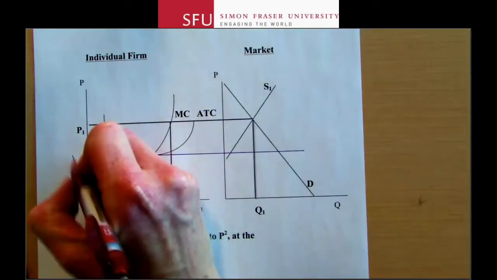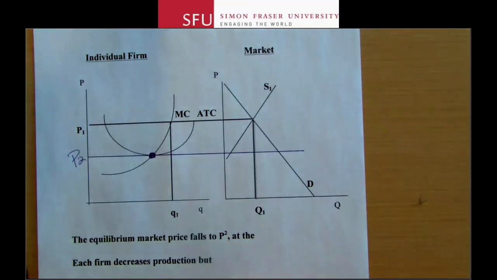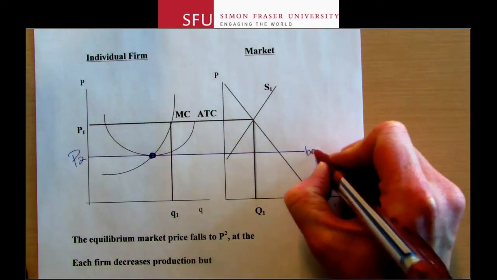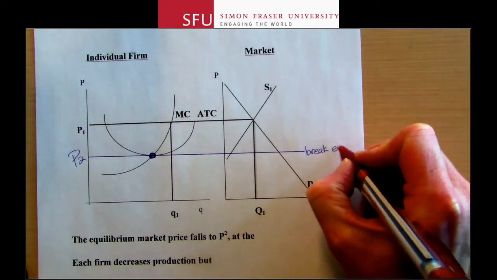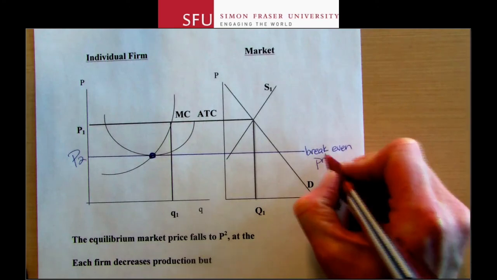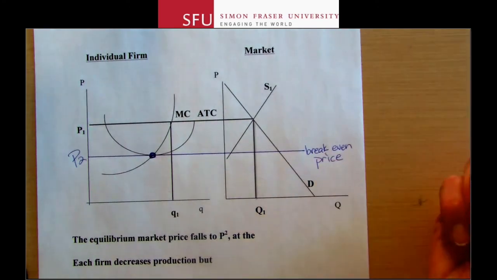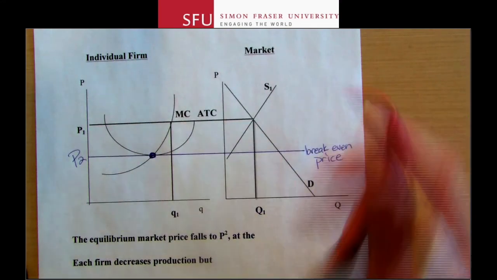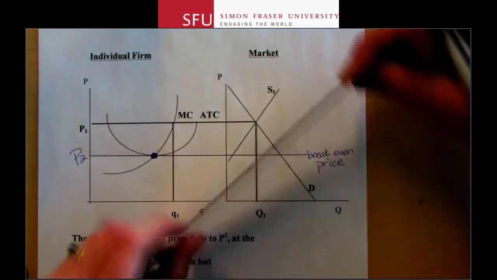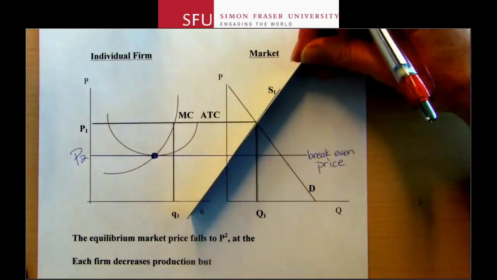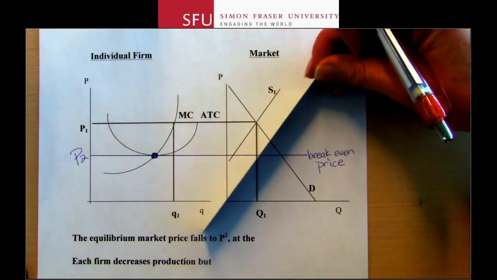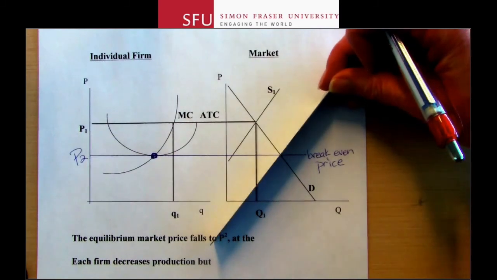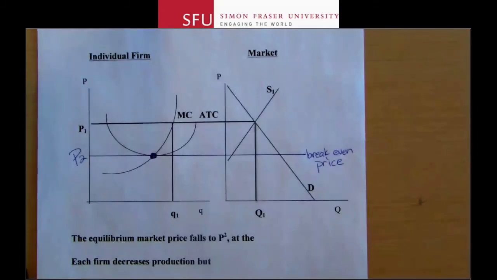Okay, so we'll label that P2. And now we know where to draw the new market supply curve. What has happened is that in the market, new firms have entered, pushing the supply this way until the price gets to that point. So that's where we want to draw the new supply curve.